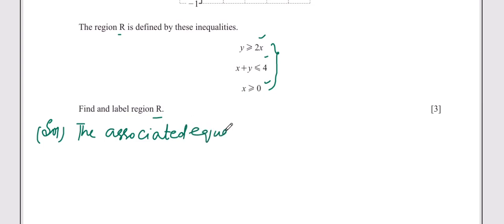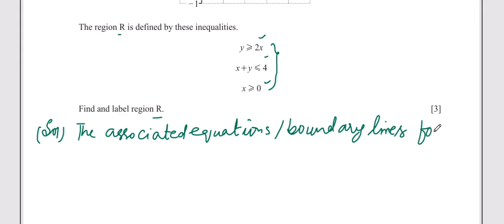You will write the associated equations, or you may write boundary lines for the given inequalities.